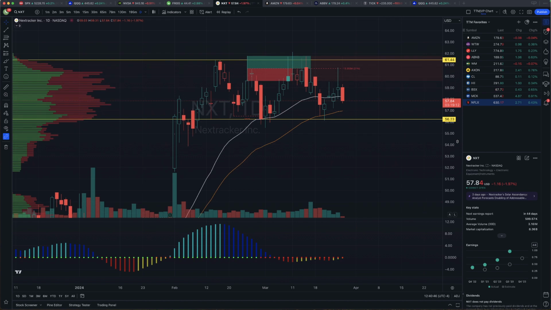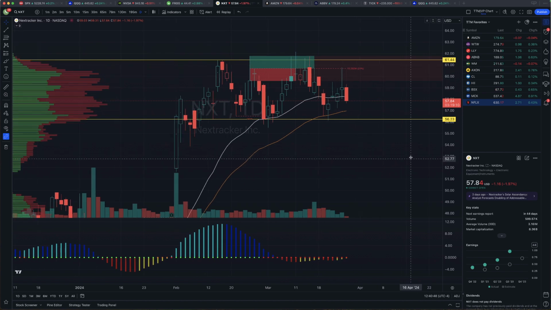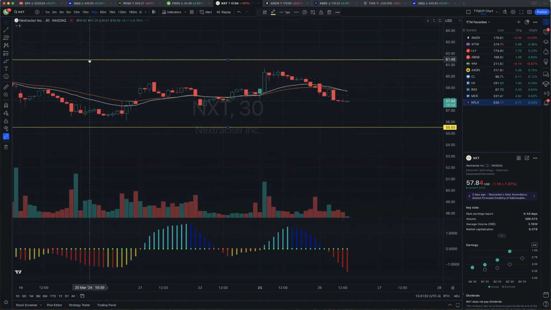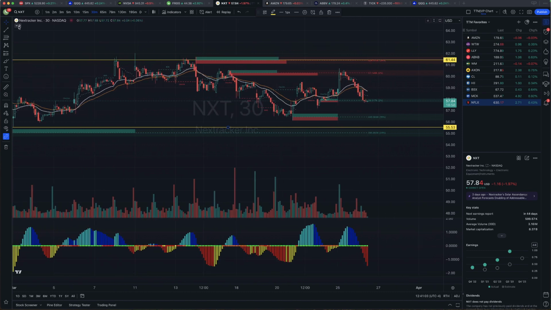Okay, so those are my value area highs and lows. In theory, we could come down even lower on this, but let's see what we think here. Look at a 30-minute chart. Let's get rid of the order blocks real quick.